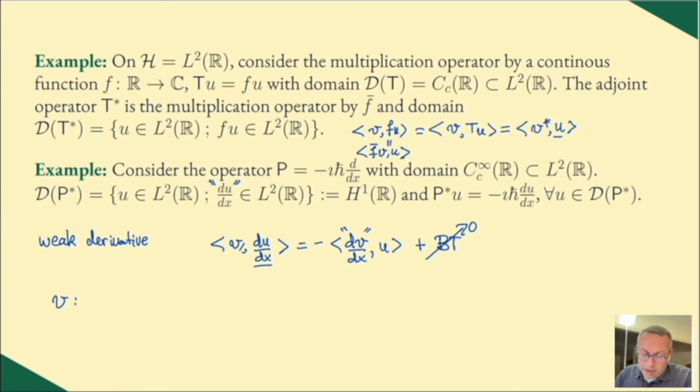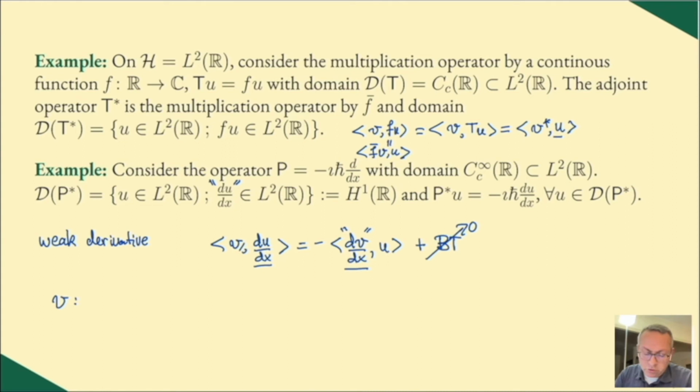You can show that in that case this function here is uniquely defined because of the density of C infinity. The set of smooth functions with compact support is dense in L2, and we call it the weak derivative. So the integration by parts formula works perfectly well here.